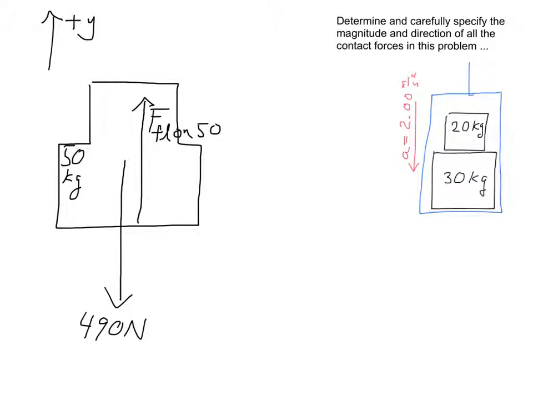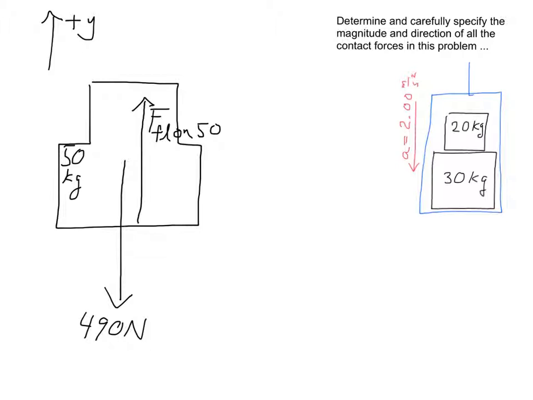We've got the force that the elevator floor exerts upward on the bottom of this composite object, which I'm now labeling as the 50 kilogram composite object. And that's it. I don't include the forces that these two parts of that object exert on each other because those are internal to the system. They don't accelerate the system that we now are considering. So that's the free body diagram for this object.